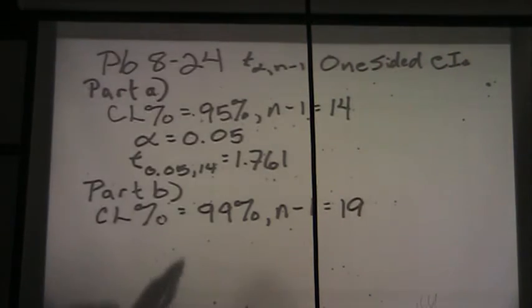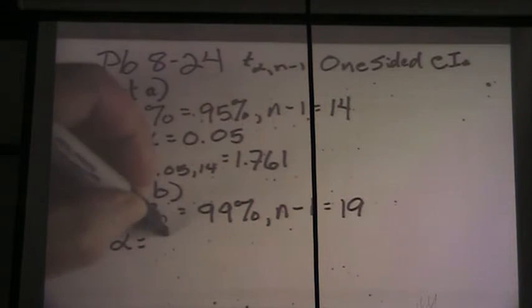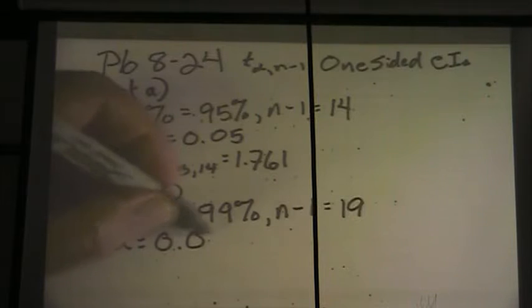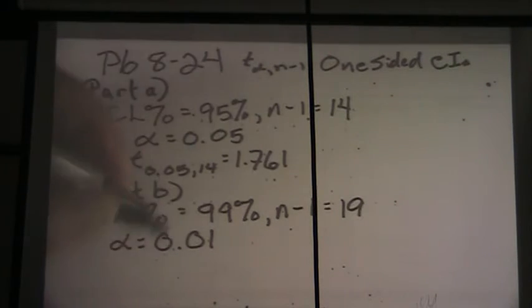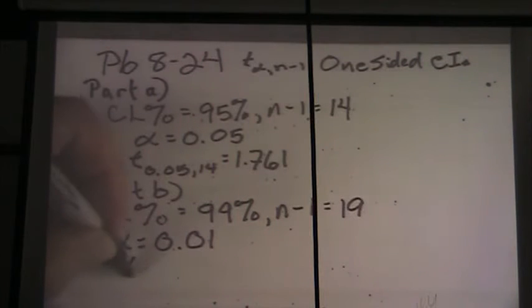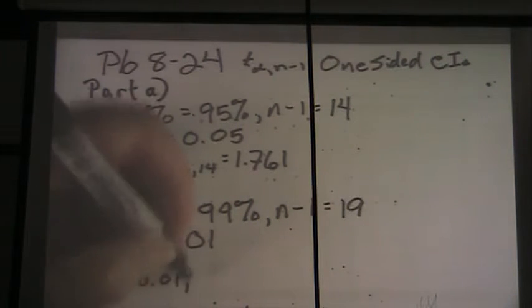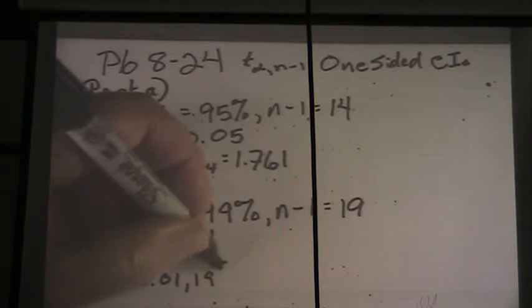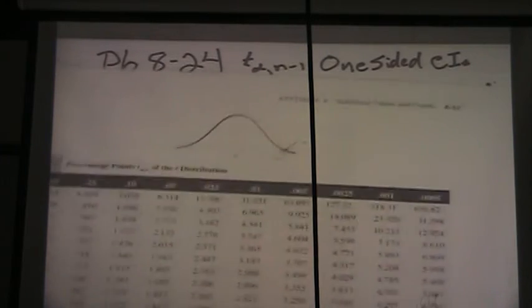All right, well, this implies that alpha equals 0.01. Therefore, our T of 0.01 with 19 degrees of freedom, I know, I can hardly wait to find out.